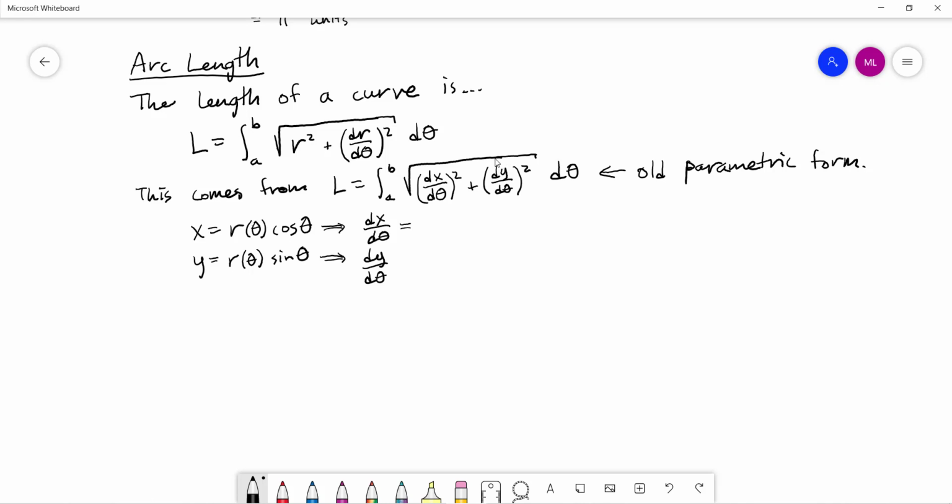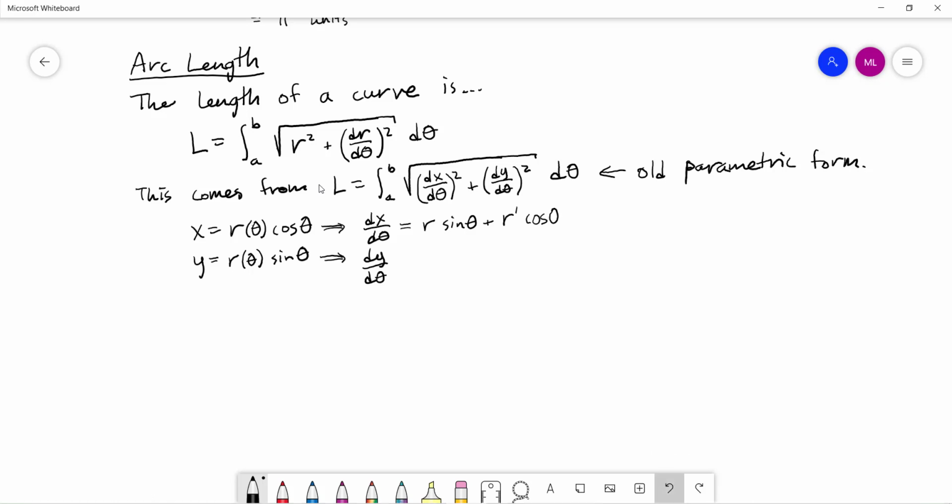So what is dx d theta? I need to take the derivative of this with respect to theta. And again, it's a product. So I'm going to get, you could think of it as first times the derivative of the second plus second times the derivative of the first. So I'll just call that r prime times cosine of theta.